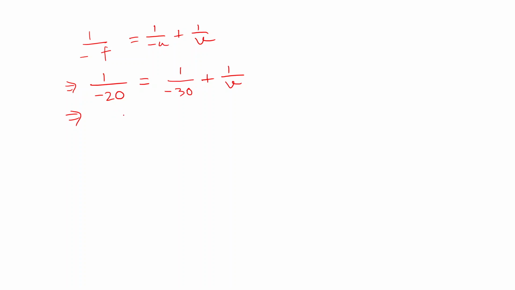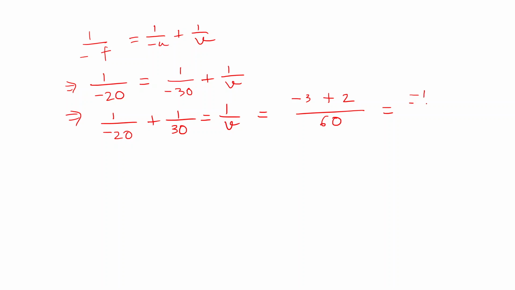So from this, when we try to calculate, I'll take it to another side. The value I'll get is 1 over 30 minus 1 over 20. So it will become 60, it will be minus 3 plus 2. So 2 minus 3 is minus 1 over 60. It implies that v will be minus 60 centimeter.